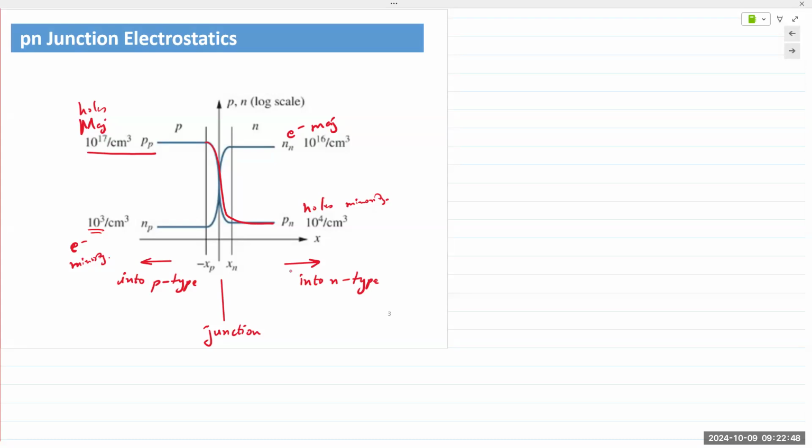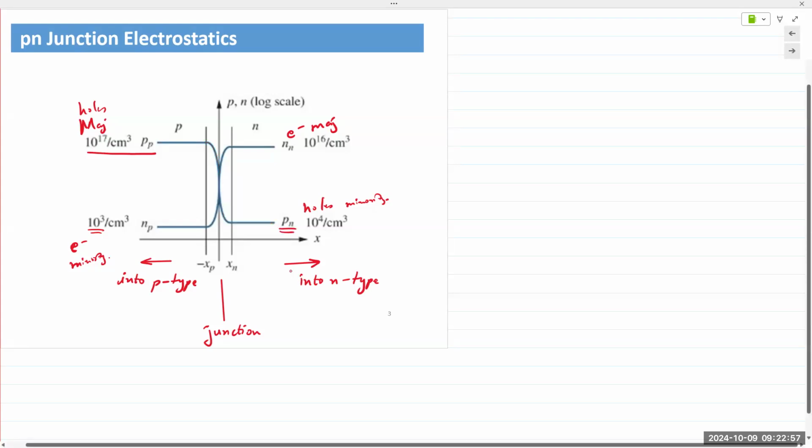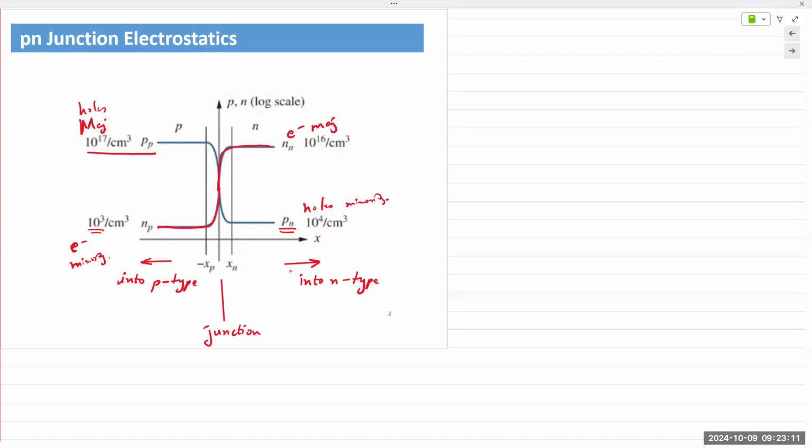Then they drop all the way down to the intrinsic level. As you cross the junction, they are now at the level of the intrinsic concentration on the other side. And the same thing happens with the electrons. The electrons are at a high level on the N side of the junction. And then once it crosses over, it's at the intrinsic level on the P side.